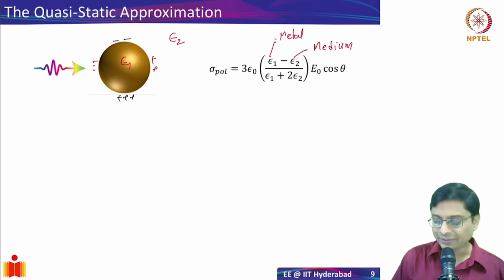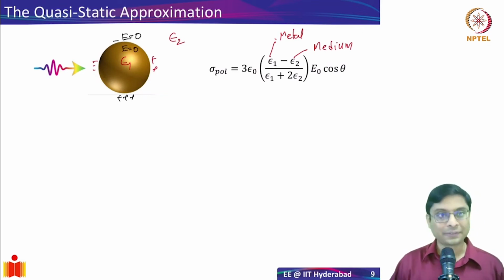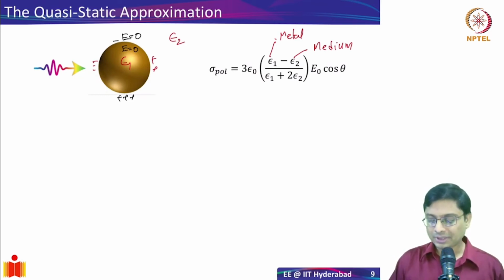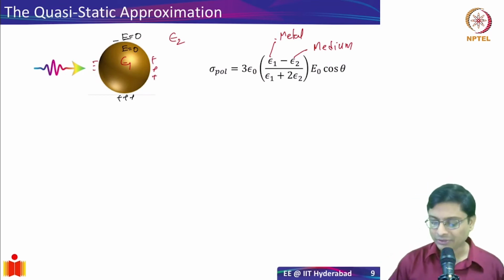So the electric field inside is 0 here, and the tangential component has to be continuous, so the electric field here also has to be 0. You can have surface charges only when there is a jump in the electric field. So there is no charge in the perpendicular direction. Only along the direction of the electric field do you have this charge separation, and that is what is captured by this cos theta expression here.